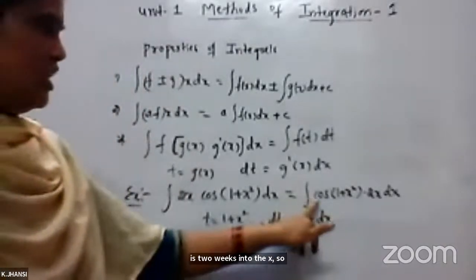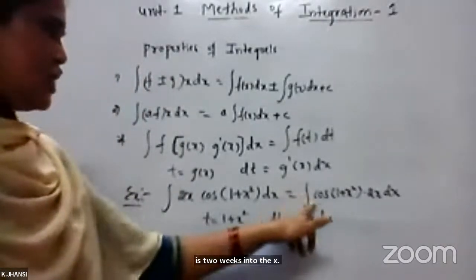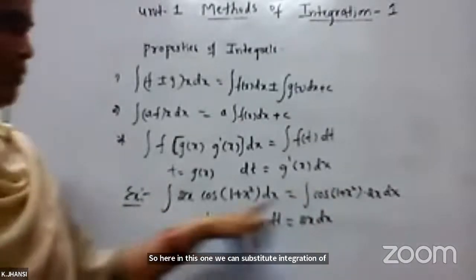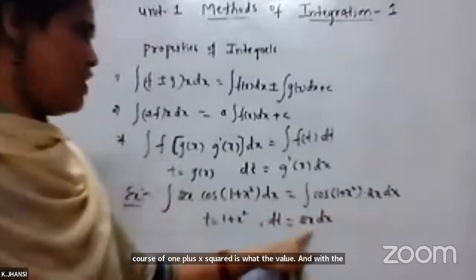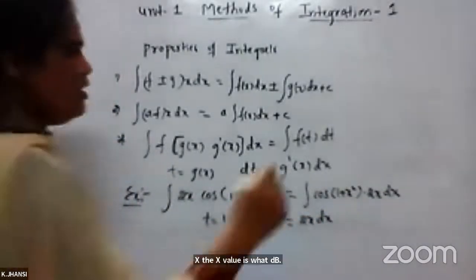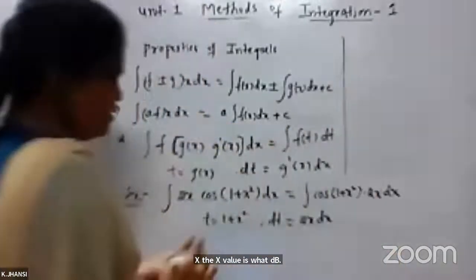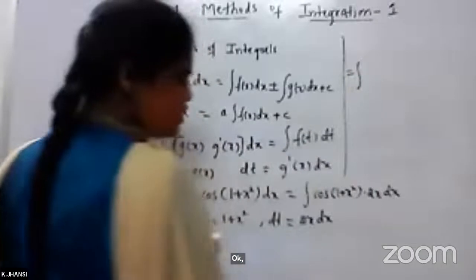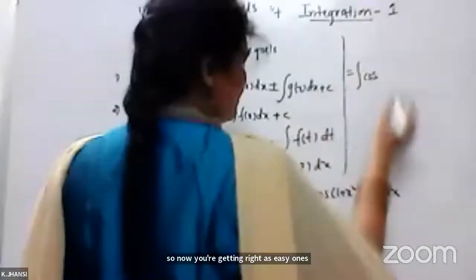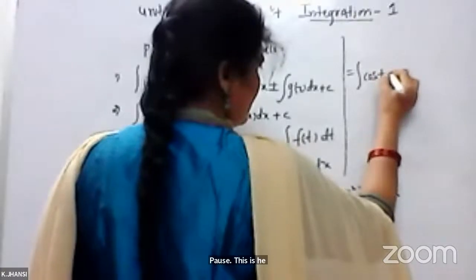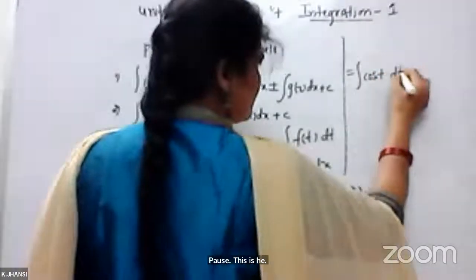So here we can substitute: integration of cos of 1 plus x square is what? t value, and 2x dx value is what? dt. Okay. So now you can write it as integration of cos t dt.